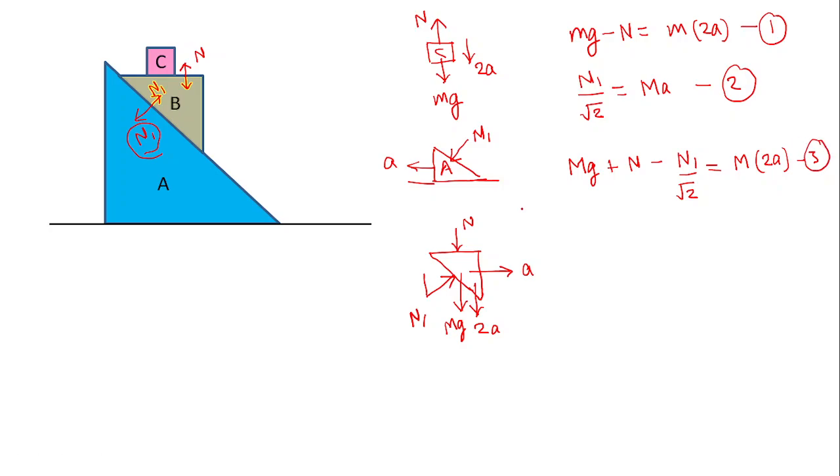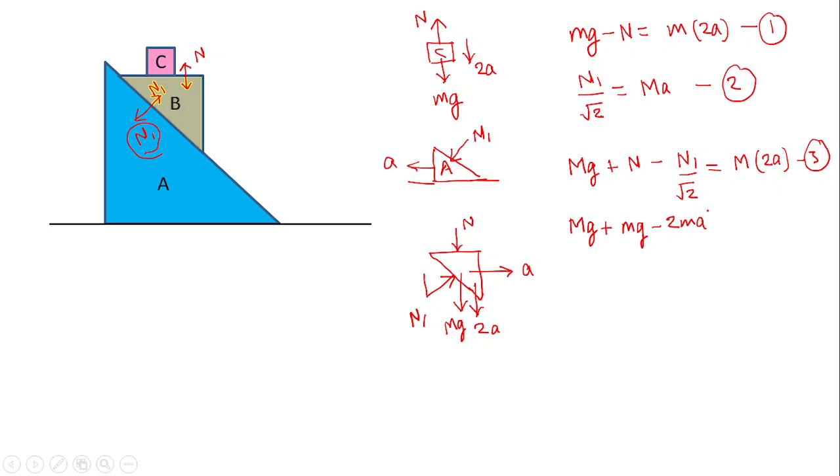Now, very easily you can say, if you put 1 and 2 in 3, we have got N1 by root 2 and N from here. So what you get: Mg plus N is Mg plus mg minus 2ma, minus N1 by root 2 is Ma.